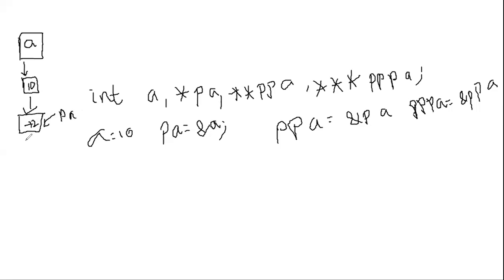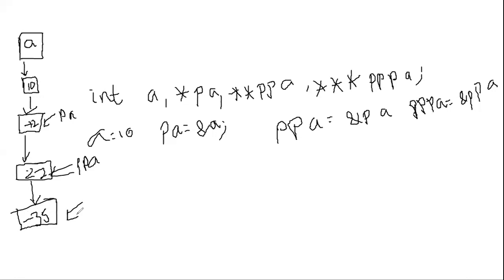Again, this address has another address, that is called pointers to pointers. Suppose minus 22, PPA. Next, again this address has another address, because an address can also be stored in memory. For example minus 35. This will be denoted TriplePA.